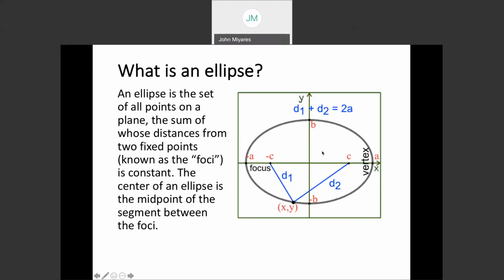And if you were to draw segments from those focal points to any point on the outside of the ellipse, then the sum of those distances, here labeled D1 and D2, would be a constant. And that constant would be the length of what we call the major axis or the long diameter.